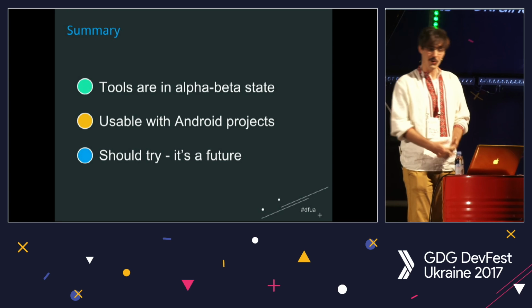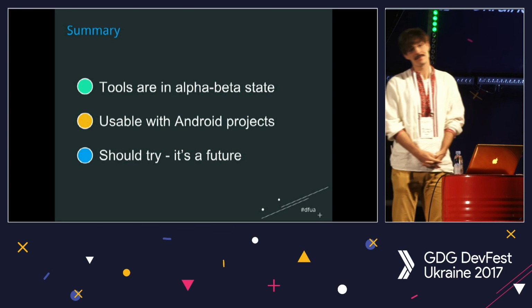Sometimes you should force a sync or even restart Android Studio, but they are usable. And also they are usable with an Android project. And I cannot recommend migrating the whole build Gradle to Kotlin DSL yet. In half a year, I think I will recommend it, but not now.